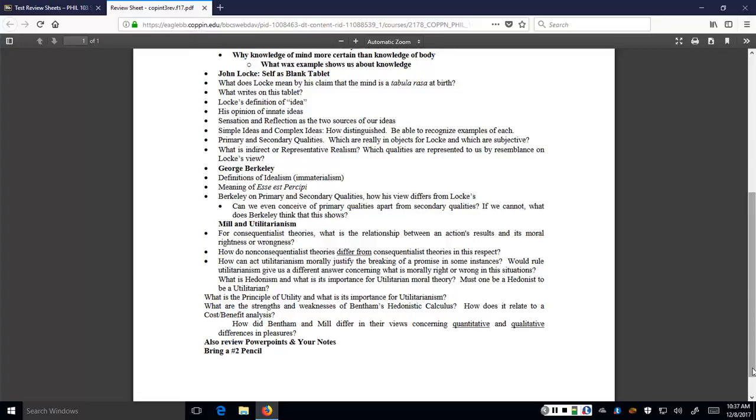The ideas we get about things external to us come to us via sensation. Reflection means reflection on the operations of our own minds. In other words, they thought that we could introspect into our own thoughts and discover some knowledge about how the mind worked and about what its capacities were. And Descartes started us in this direction.